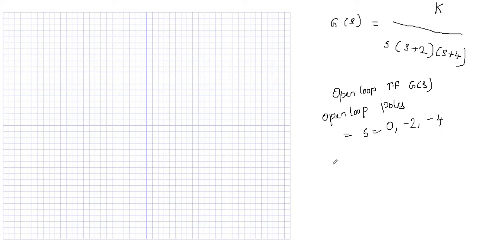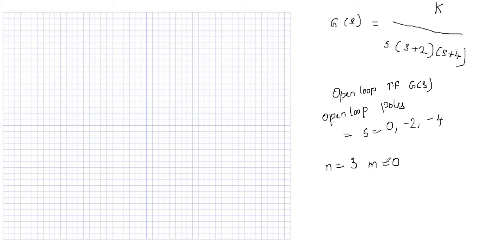So what is the number of open loop poles? The number of open loop poles n is equal to 3 here, and you can see that there are no open loop zeros, only the gain K in the denominator, and hence we can write that m is equal to 0.